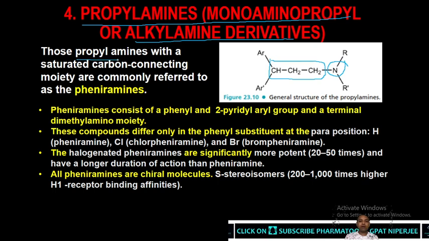When propylamine contains a saturated carbon moiety, they are called pheniramines. So what is pheniramine chemically?